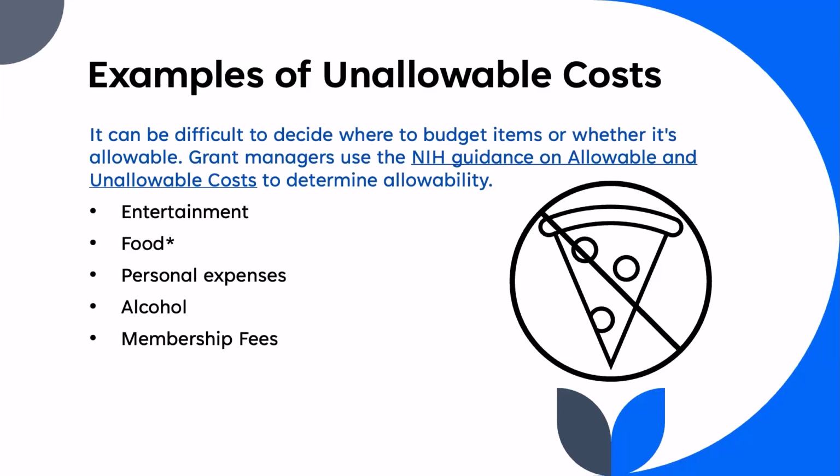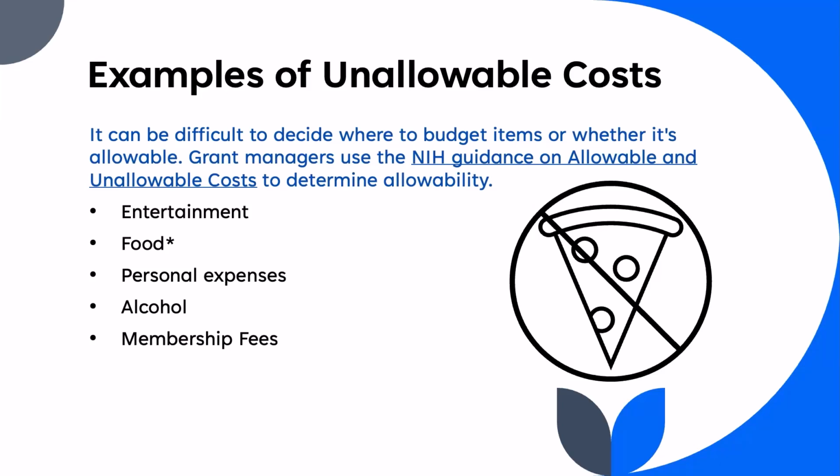Personal expenses. You likely wouldn't pay for your personal groceries or gas or mortgage with this. Alcoholic beverages. With my experience with the Department of Defense working on proposals and grants, this is across the board as well. Alcoholic beverages are not allowable.